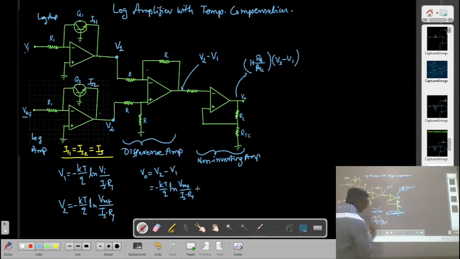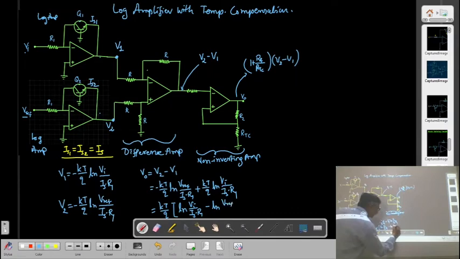Now minus minus will be a plus kT by Q ln Vi divided by Is into R1. If you take the kT by Q common, then in the bracket it will be ln Vi by Is into R1 minus ln V reference divided by Is into R1.